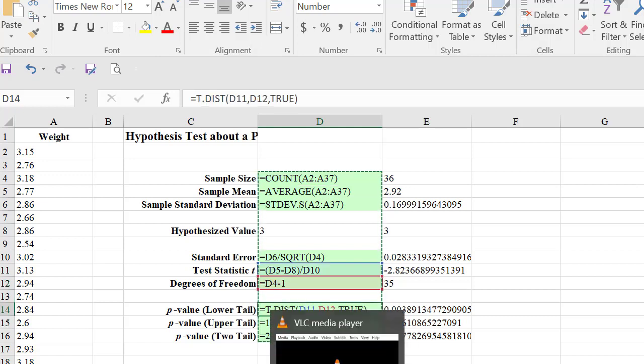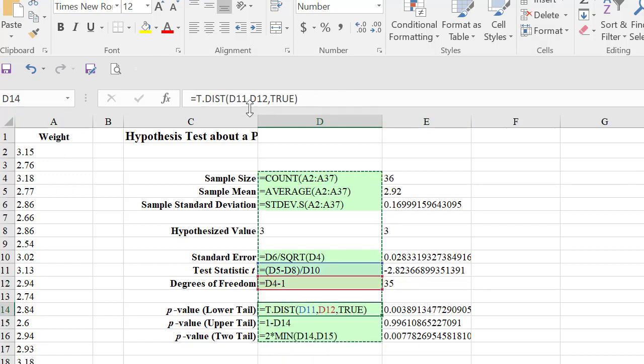So then we can use a function called t distribution that takes 3 parameters. Right? So the first parameter is going to be your test statistic. The second parameter is your degrees of freedom.